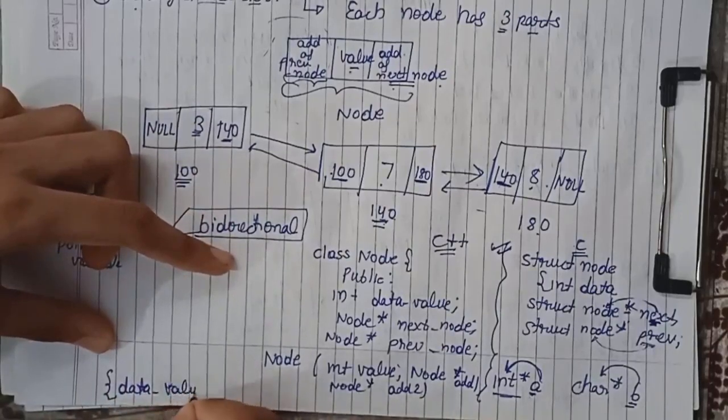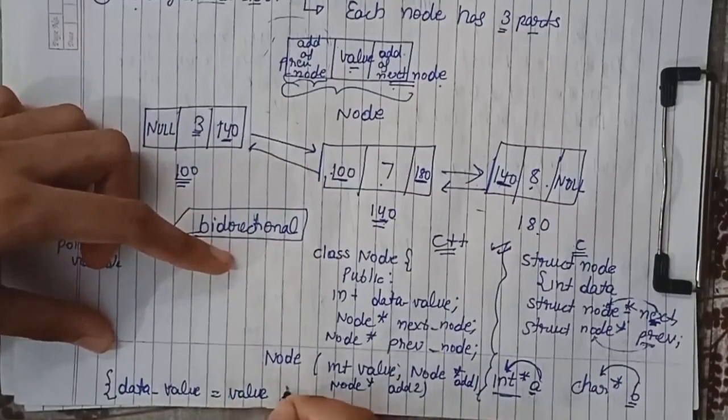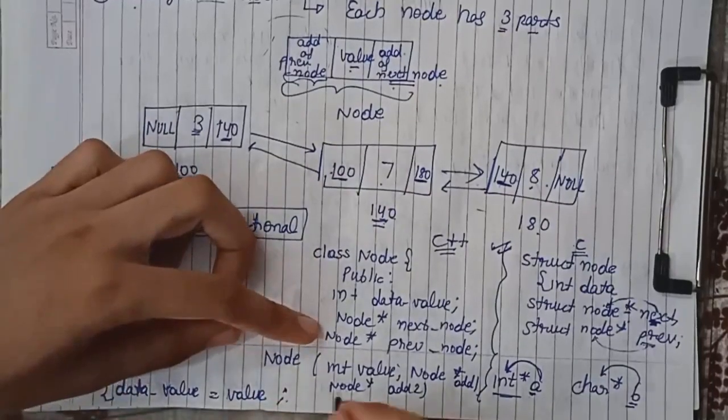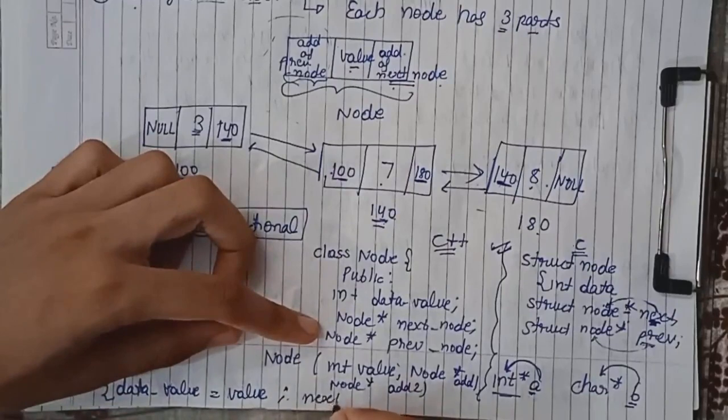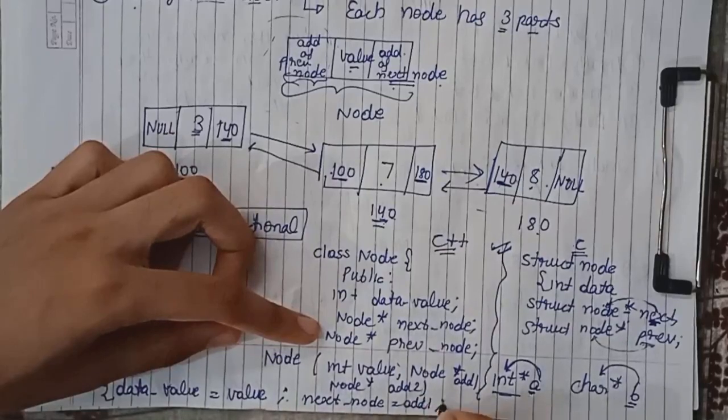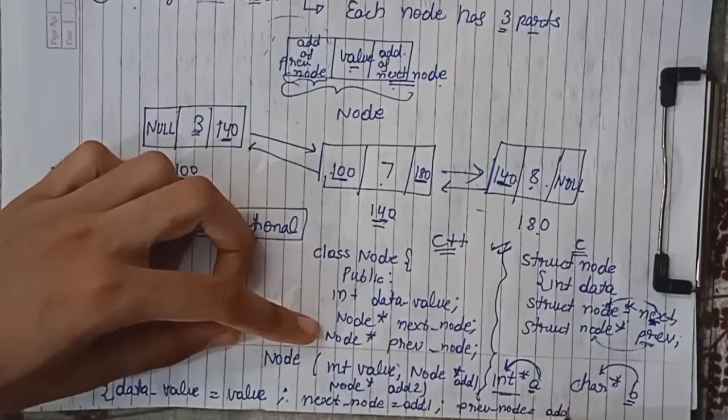Data value is equal to value. Then in the next line you will write next node is equal to address 1. Again in the next line we will write previous node is equal to address 2.